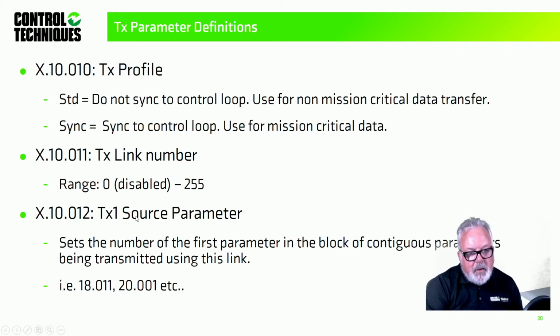This is a transmit link now, so it sets the number of the first parameter in the block of contiguous parameters being transmitted using this link. So 1811, menu 0, parameter 10, 2001, whatever you're going to be sharing with the members of your network, this is the first parameter in that block of parameters for link 1.